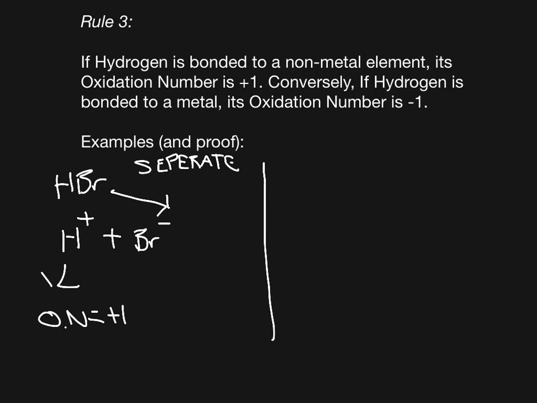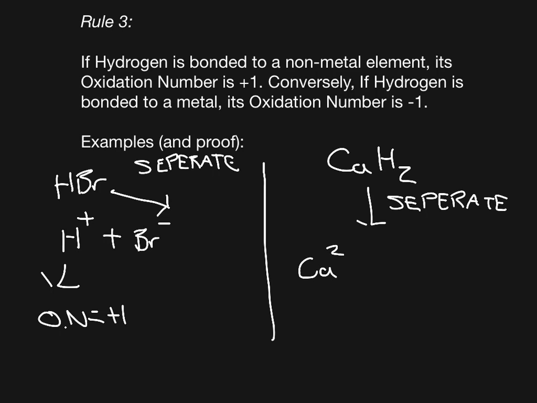Now let's have another example where we have calcium hydride, and we're going to do the same process. So we're going to separate them. Calcium is going to be more electropositive in this case. It's going to be further away from fluorine.